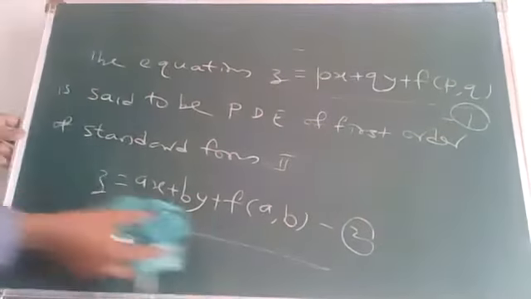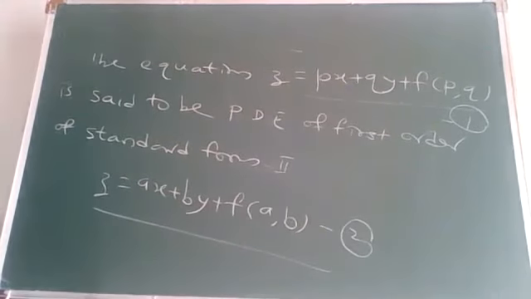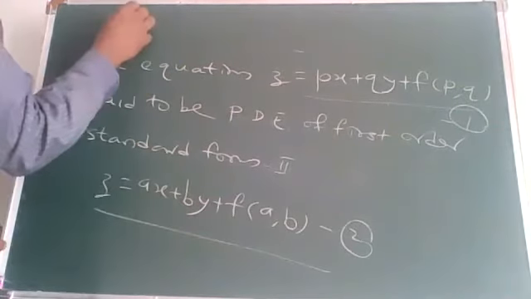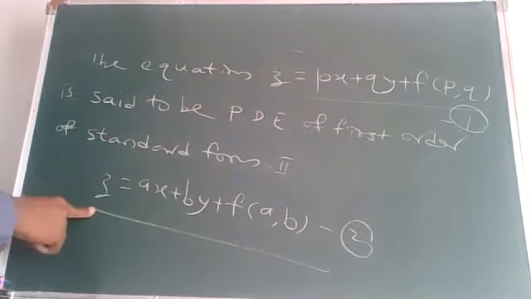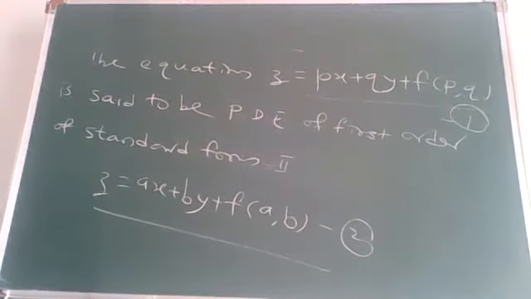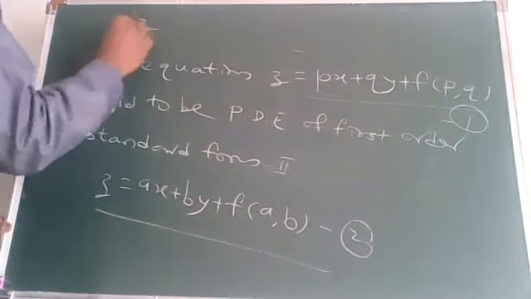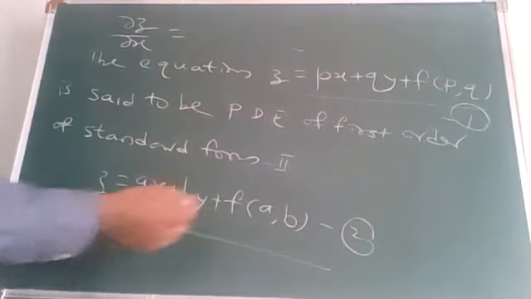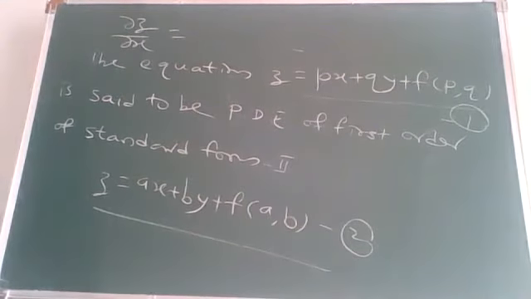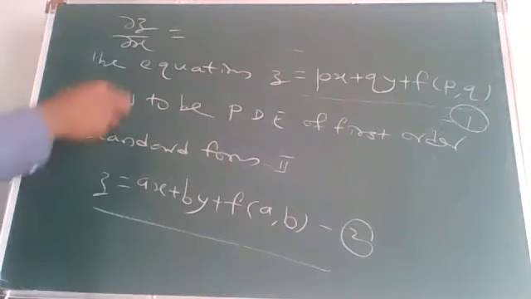I am here taking the derivative of equation 2 with respect to a partially. Tell me what is the value? For justification, we take the derivative of z with respect to x partially.